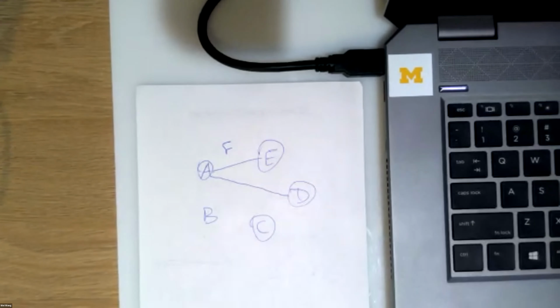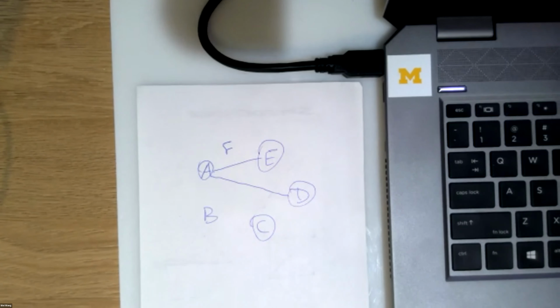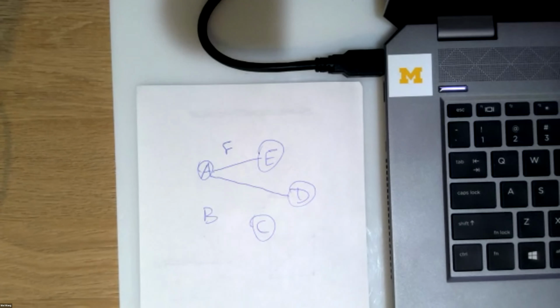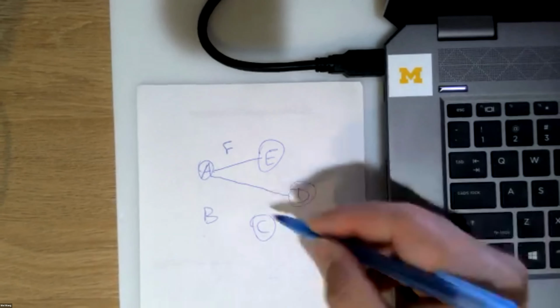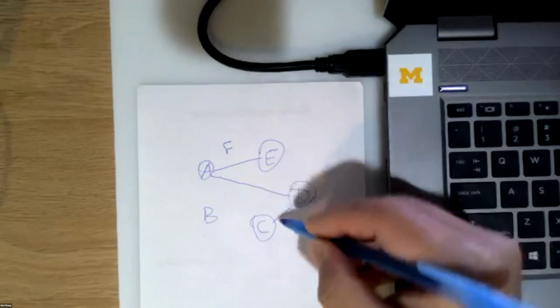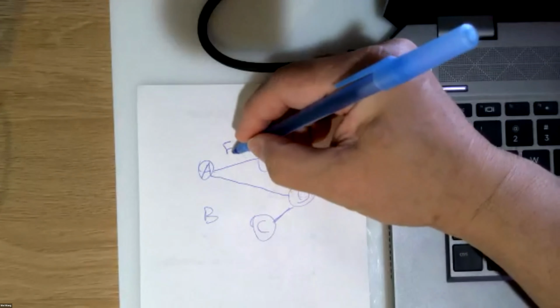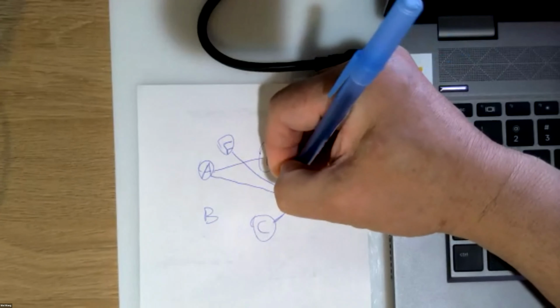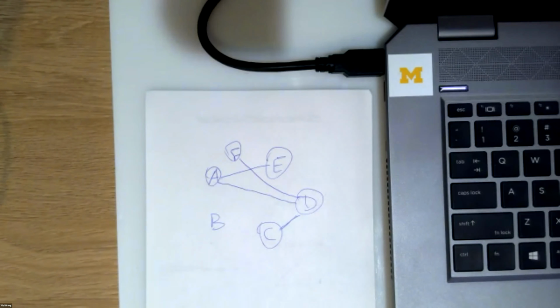So A and E is already there, right? Undirected graph, so we don't need to do much else. Eve is friend with Anne and Carol, and Deb is friend with Carol and Fran.